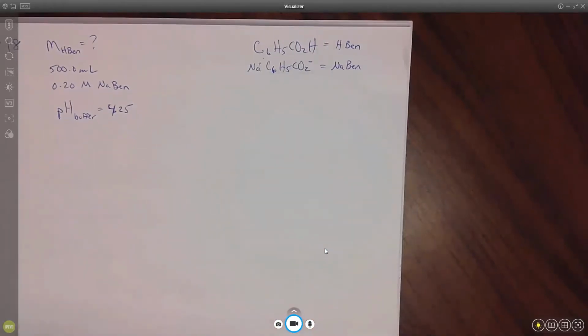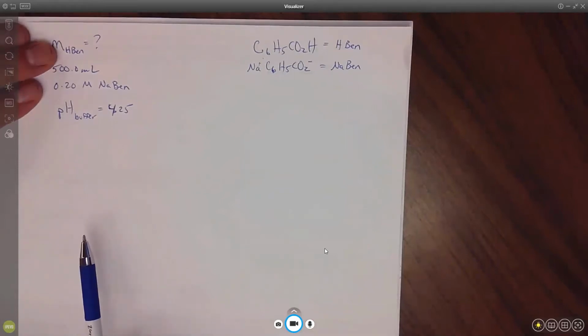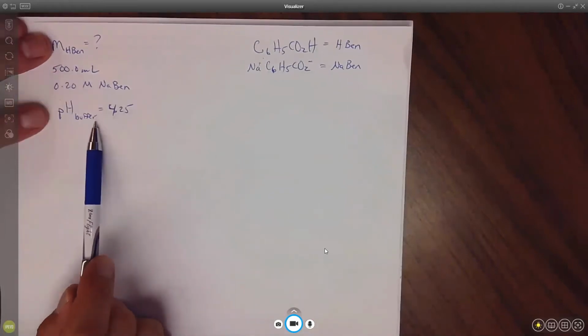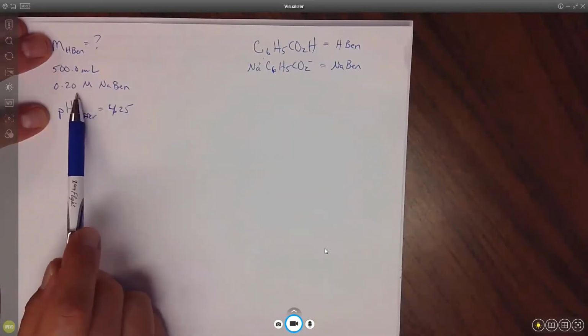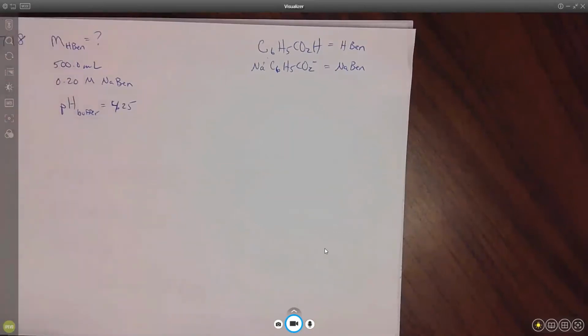So again, what equation, concept, idea, how am I going to go about solving this? I want the mass of benzoic acid to create 500 milliliters of buffer that's 4.25, knowing that the 500 milliliters is already 0.2 molar sodium benzoate. Find the concentration of the buffer.